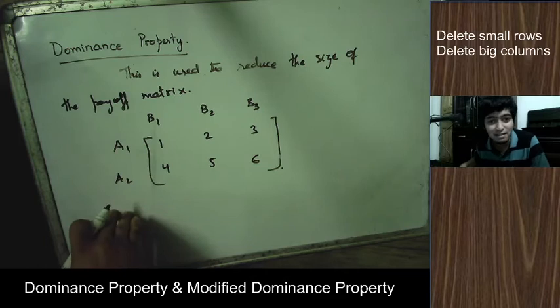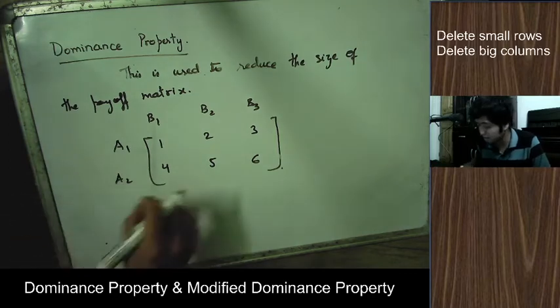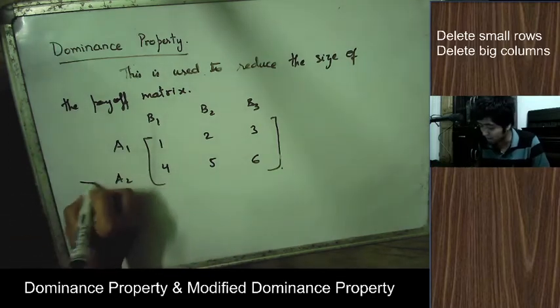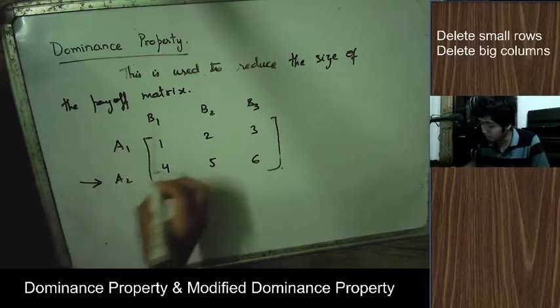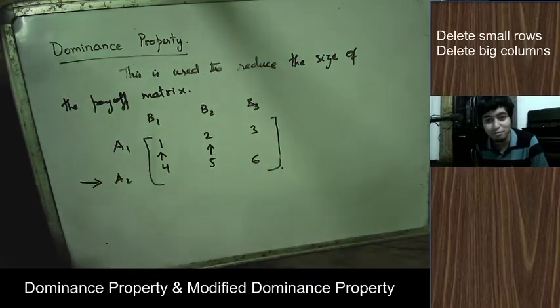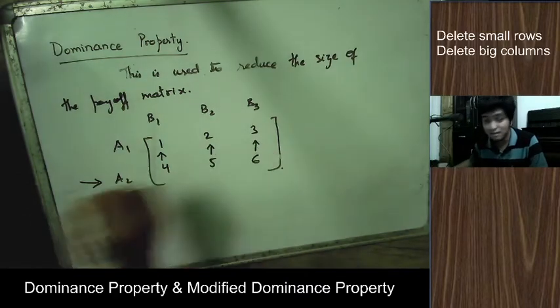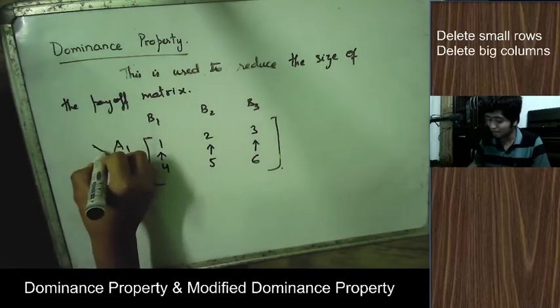You can easily see that you will choose the strategy which will guarantee a higher payoff. So naturally, you will choose the strategy A2. How did you reach that conclusion? It is because 4 is greater than 1, 5 is greater than 2, and 6 is greater than 3. So you will eliminate the strategy A1.